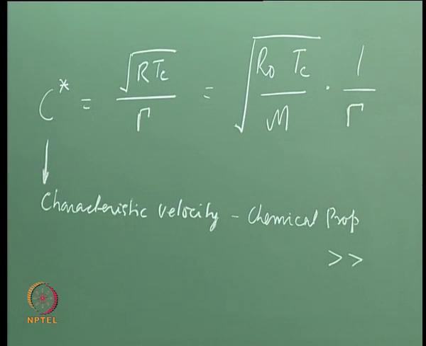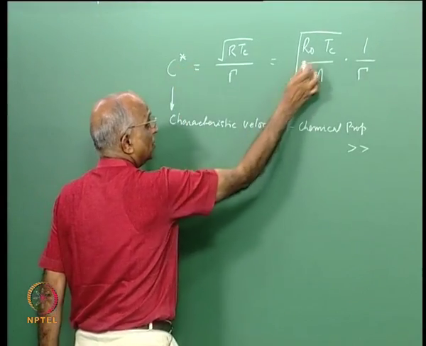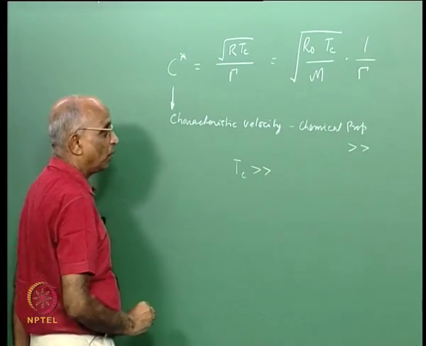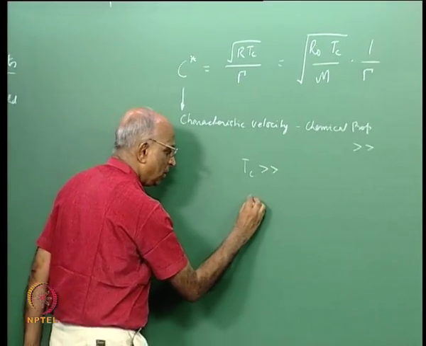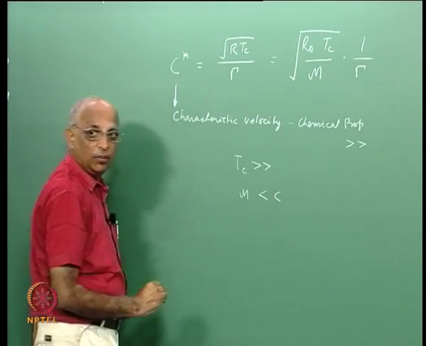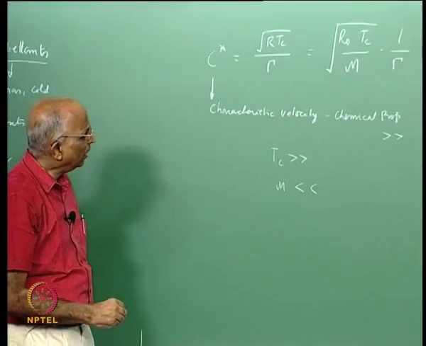If it has to be large, obviously C star is equal to under root Tc, rather Tc must be large, or the molecular mass of the gases which are escaping through the nozzle must be small, okay. Anything else?